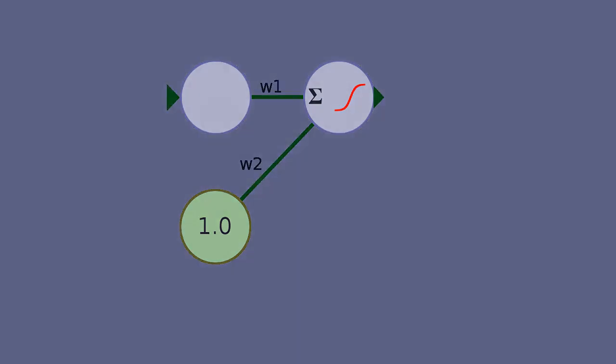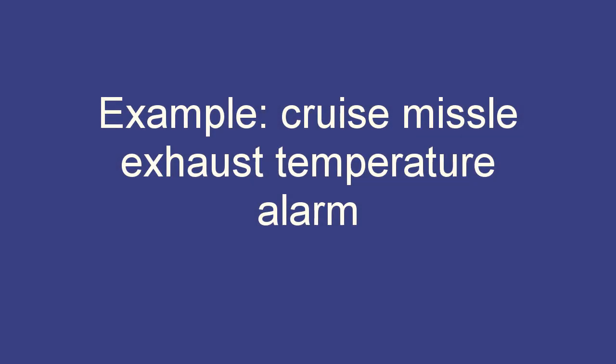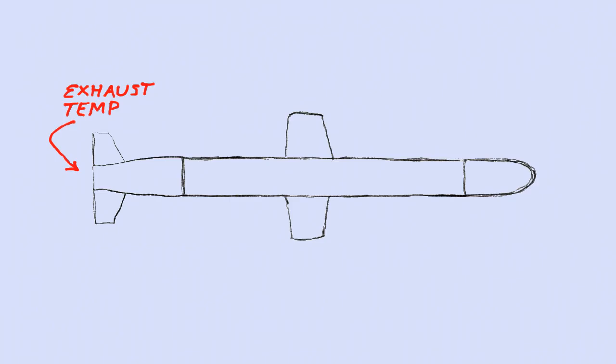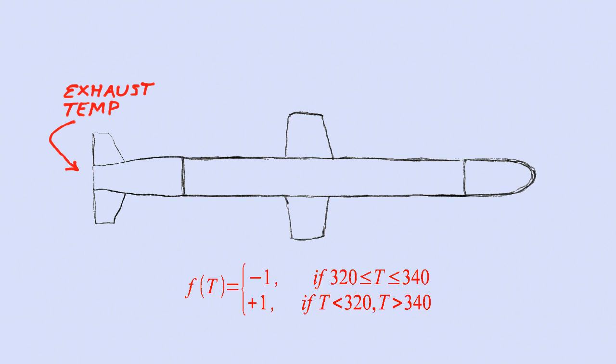Let's do another practical example here. Let's say that you're working on your cruise missile and you're wanting to design a new temperature monitor. You know that temperature monitor that monitors the temperature at the pulse jet exhaust? So you want this temperature monitor now to assert an emergency signal on its output if the pulse jet exhaust temperature ever exceeds 340 degrees centigrade or ever is under 320 degrees centigrade.